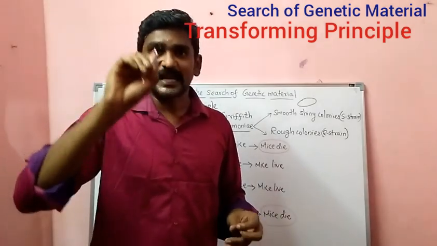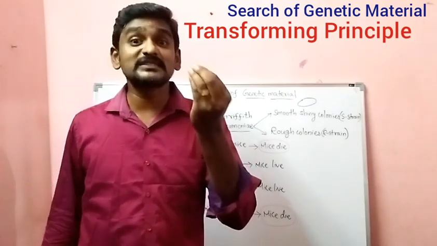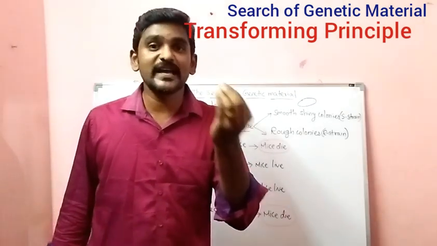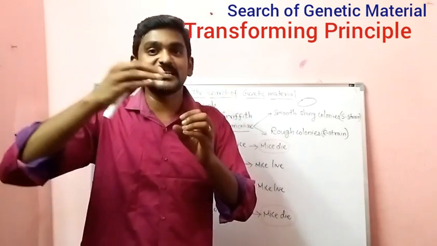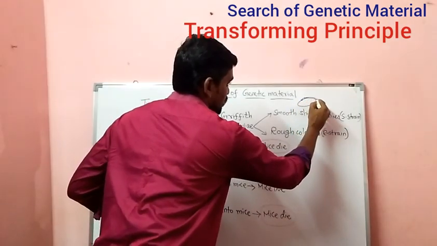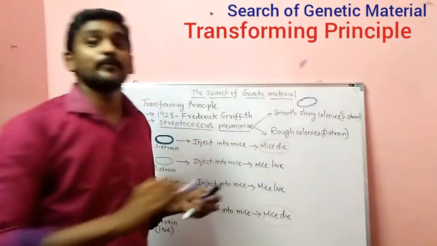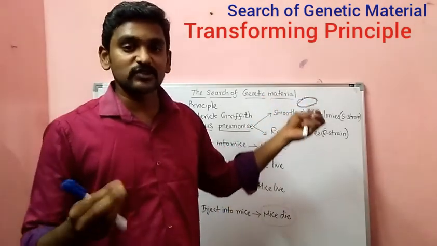Over the cell wall and the capsule, there will be an additional mucus layer, a polysaccharide layer surrounding the bacteria. Because of this, it looks shiny and smooth.